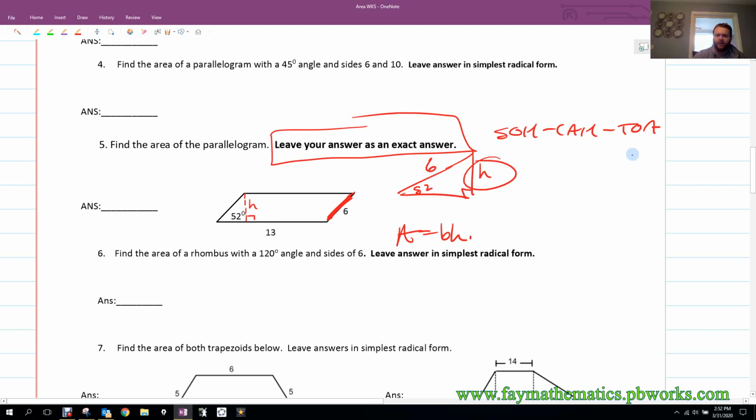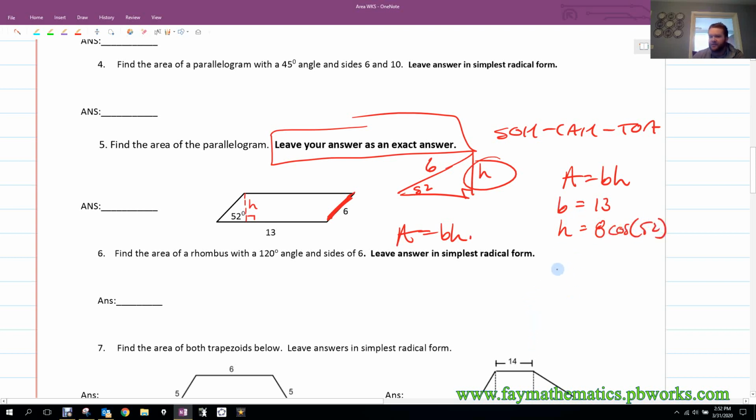your calculator. So, for instance, area is B times H. Let's say that B ended up being 13, and let's say that H ended up being, and I'll use completely different numbers here, 8 cosine of 52.